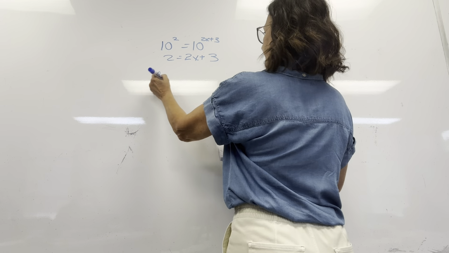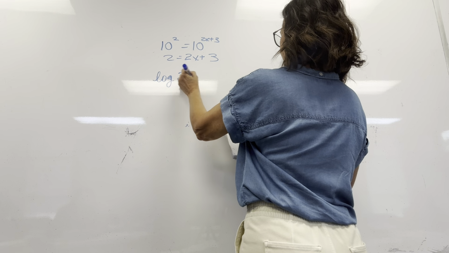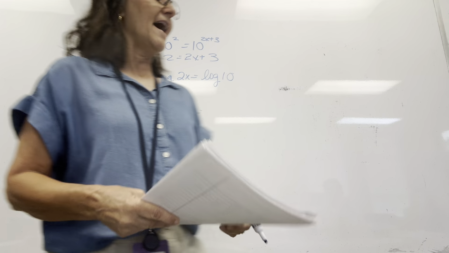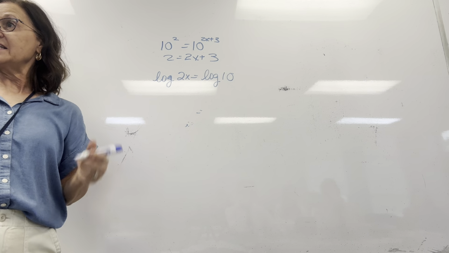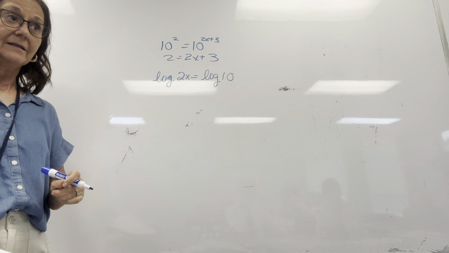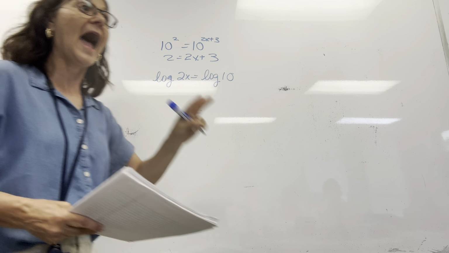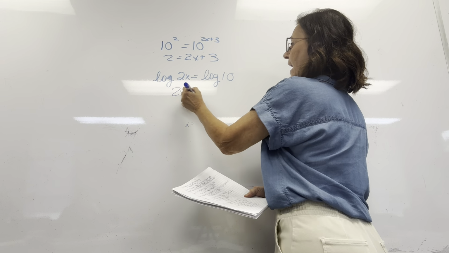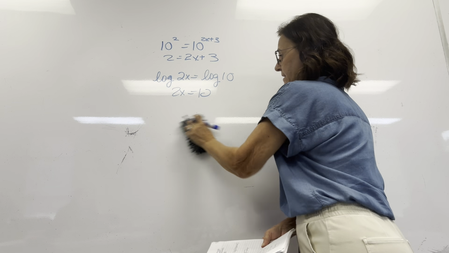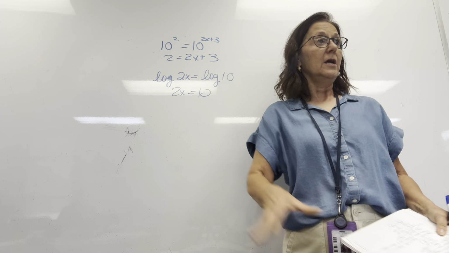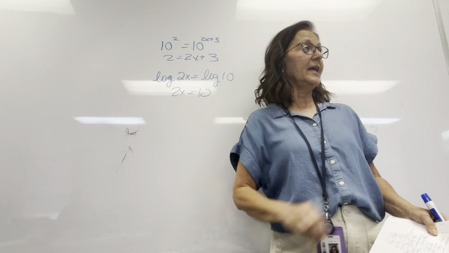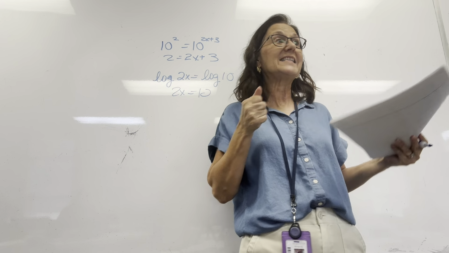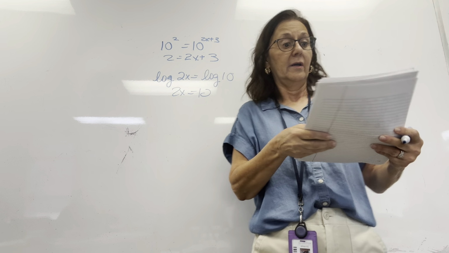Like, they have a common base. The base is 10 when it's not written. These arguments have to be equal. So I can set 2x equal to 10. So a single log equals a single log. I can drop the log and set the arguments equal to each other.